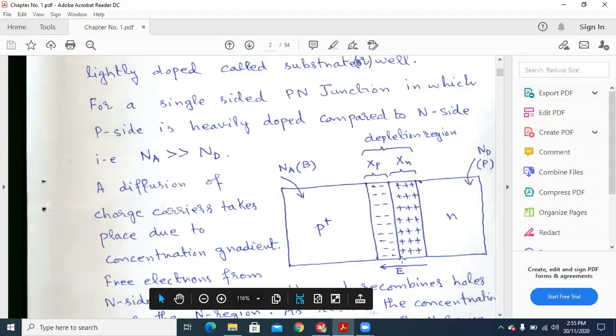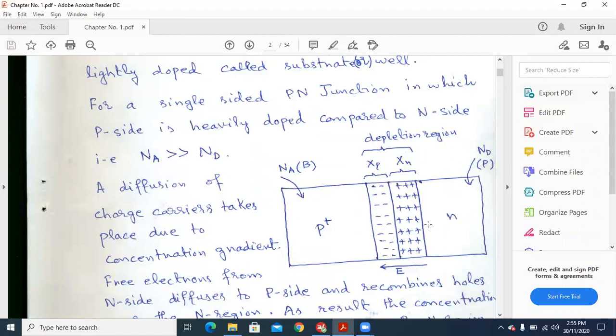If you see this diagram, the P plus side is heavily doped, and we have the aluminum contact here, and this is the N side, which is lightly doped, and this lightly doped side is called the substrate or well.